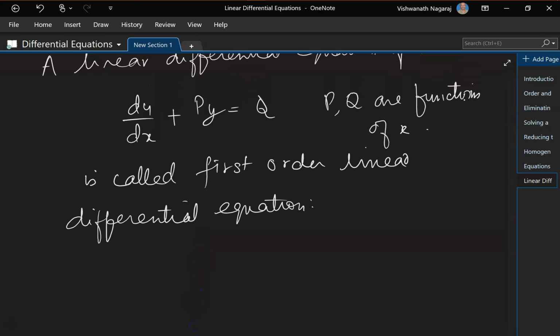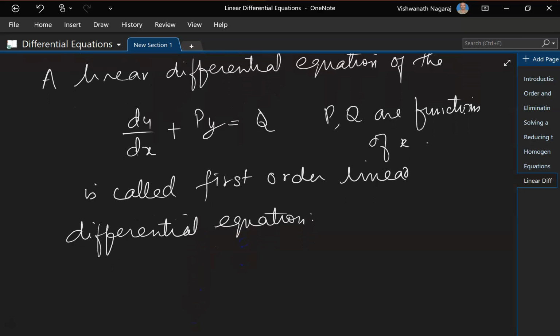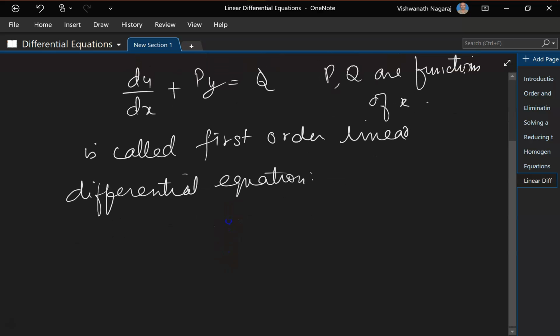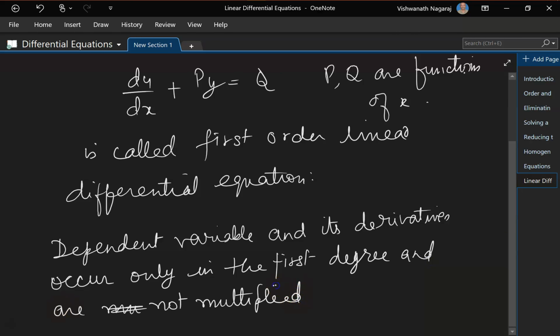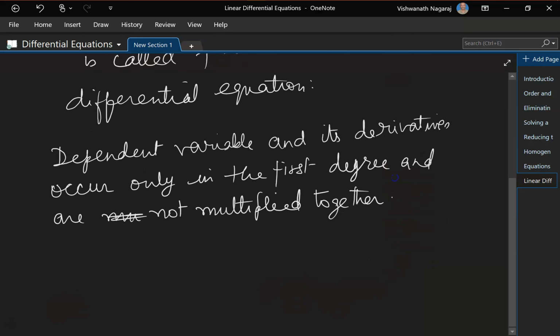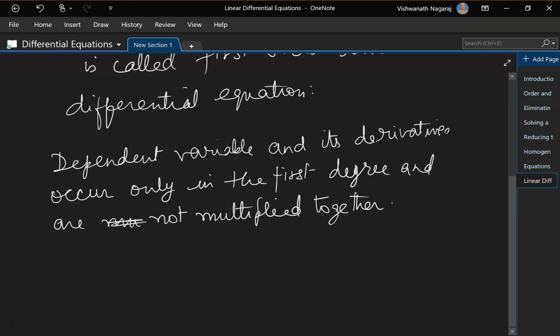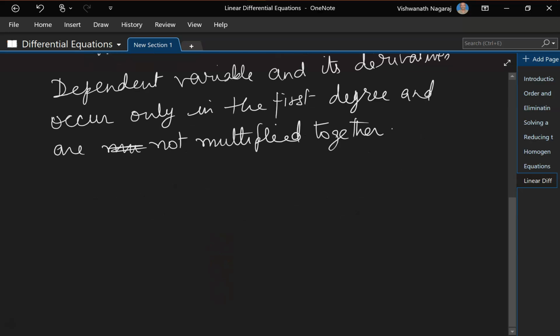Now here, the dependent variable is which one? The dependent variable is y. So the dependent variable and its derivatives occur only in the first degree and are not multiplied together. Okay, so remember this.